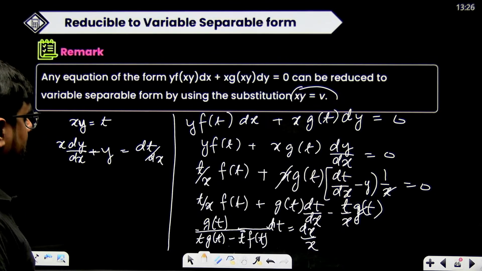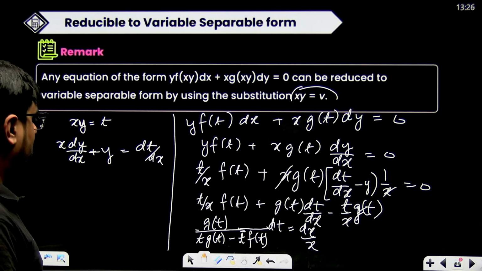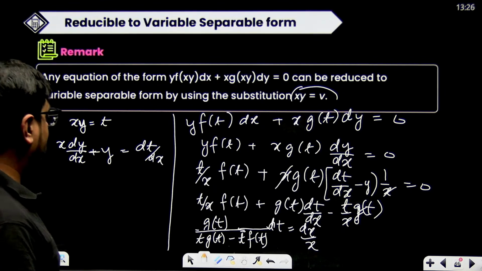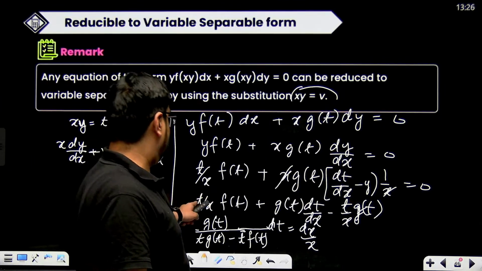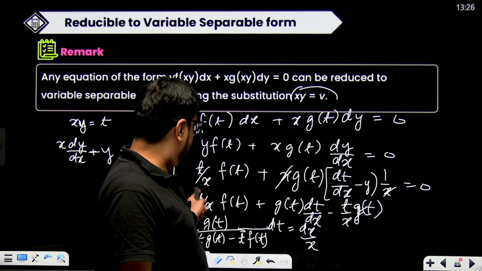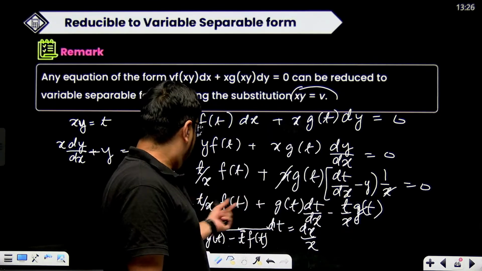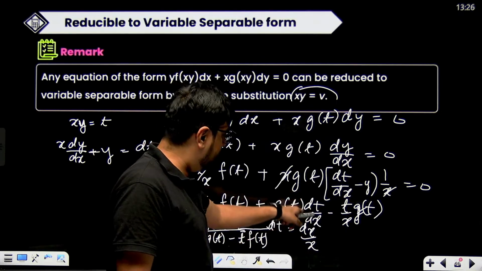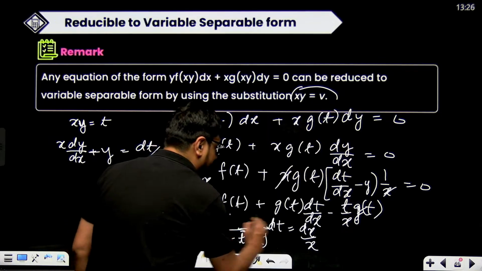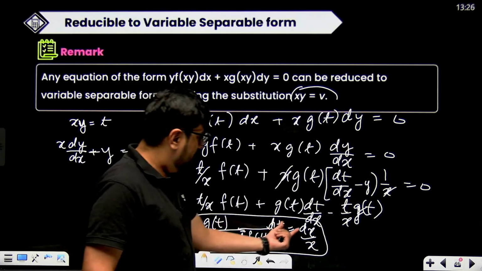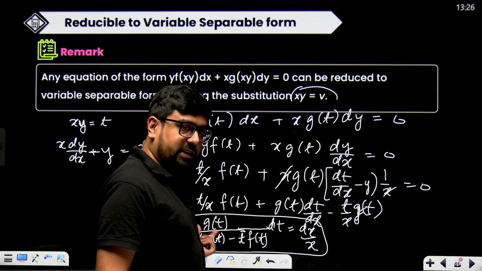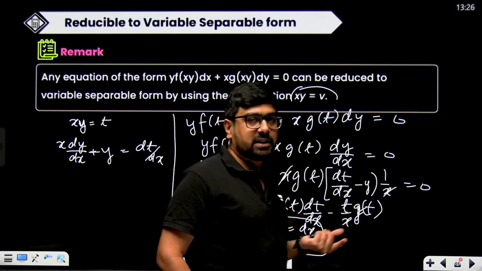Just check once. If you take 1 by x common, then t f of t minus t g of t will come in the denominator, and g of t in the numerator. With dx we get dx by x, and this is what we call variable separable form, with all the t functions with dt and the x function with dx.